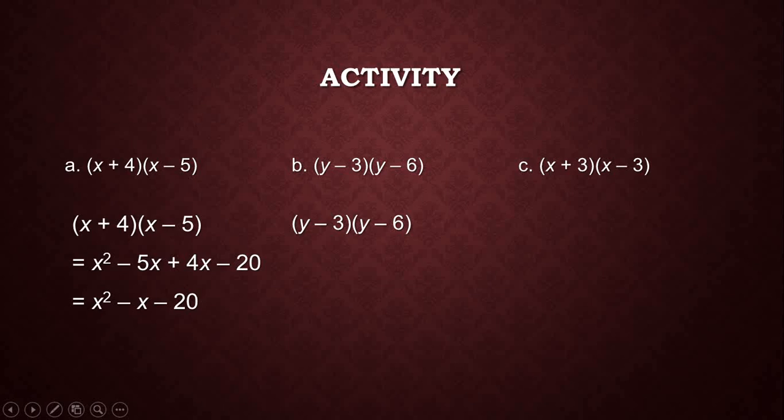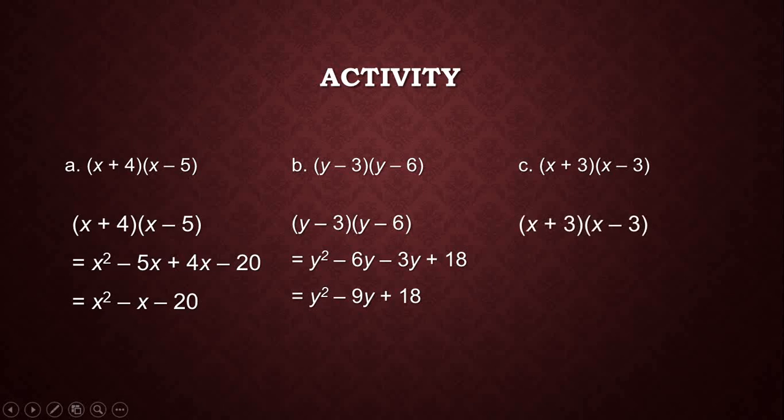Negative 3 multiplied by negative 6: remember, multiplying a negative with a negative gives a positive, and 3 multiplied by 6 is 18. From there, these are like terms, so you add or subtract them accordingly. Negative 6 minus 3 gives you a negative 9. So this should be your final answer: y squared minus 9y plus 18. If you are wrong, please be true to yourself, do some justice to yourself, and do corrections.